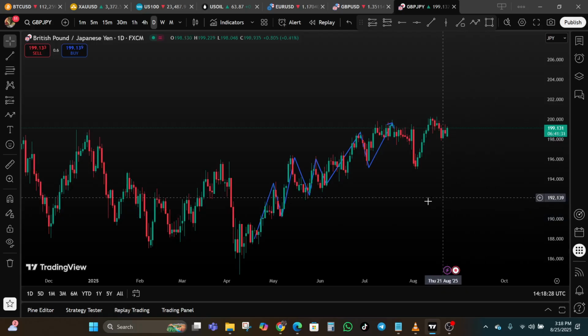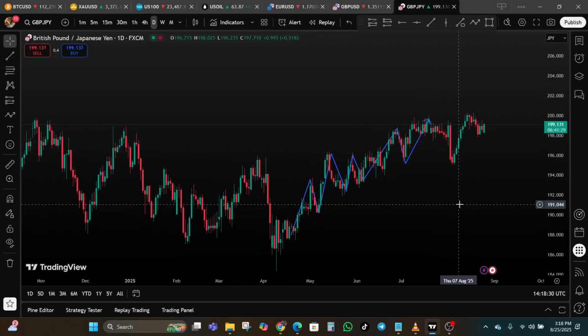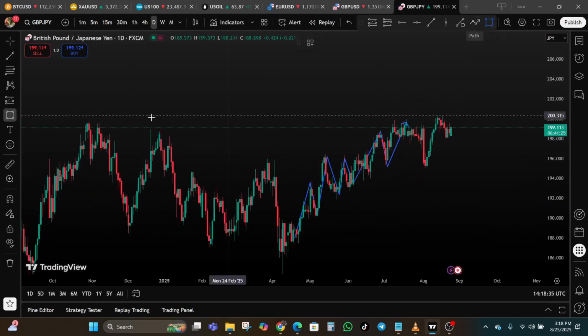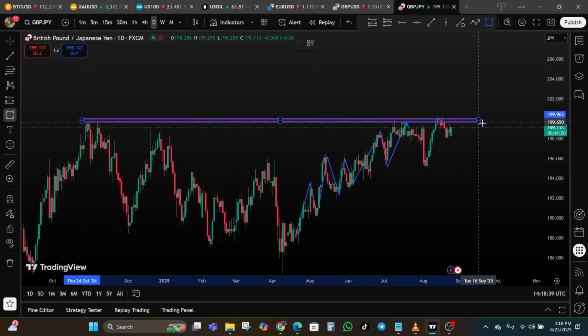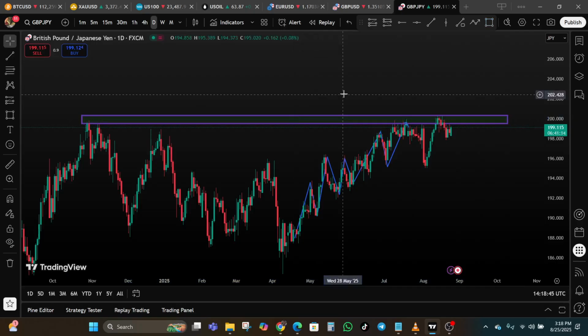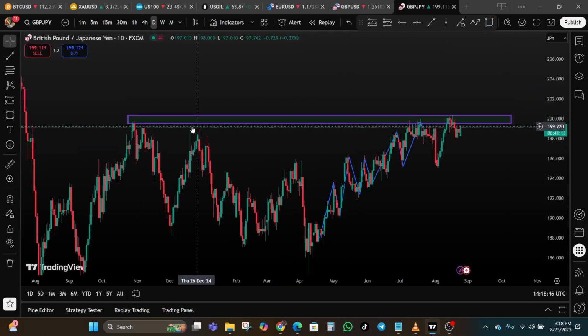Next, let us look at support and resistance. On the daily time frame, these zones carry more weight than they do on shorter charts. When price touches a daily level, reactions tend to be stronger and longer lasting.